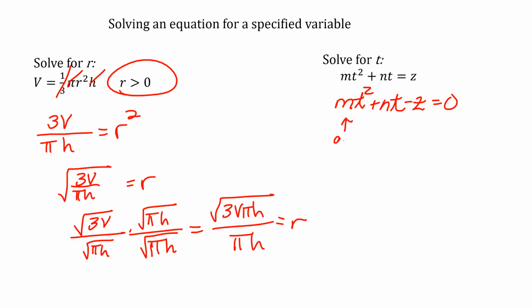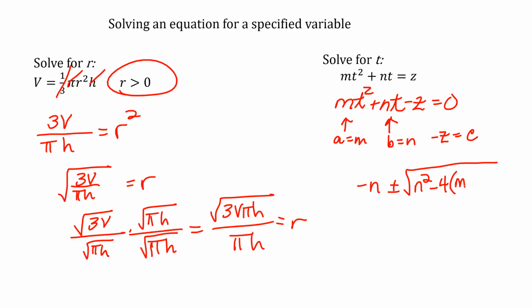So m is your a, n is your b, and negative z is your c, and you just plug all that into the quadratic formula. And so you're going to have negative b, which will be negative n, plus or minus the square root of b squared, which is n squared, minus 4a, which is m, c, which is negative z, all over 2a, which is 2m.